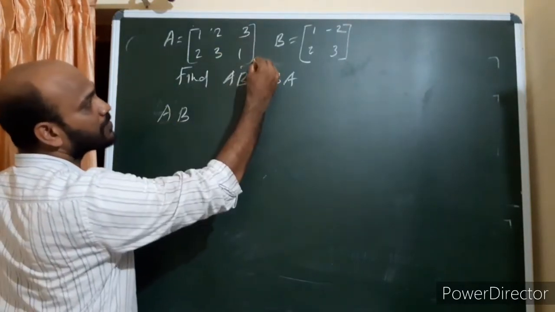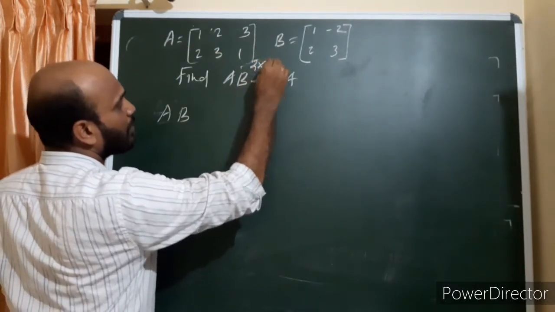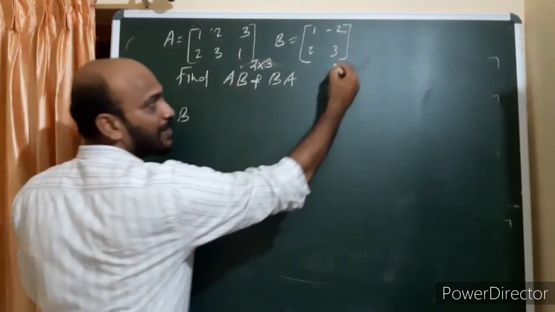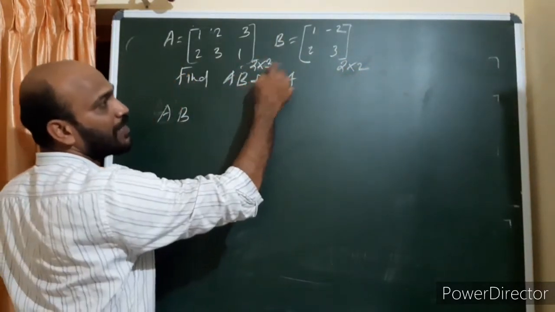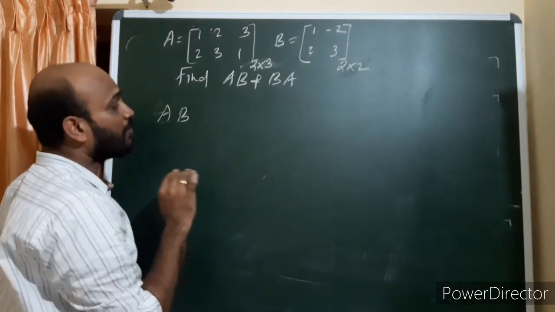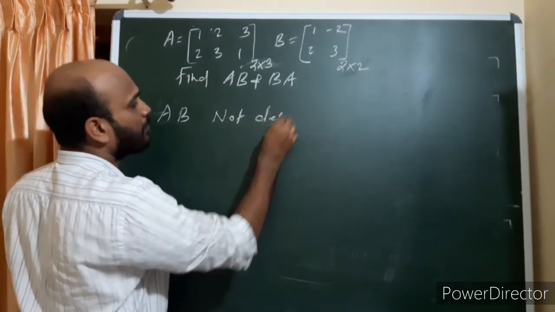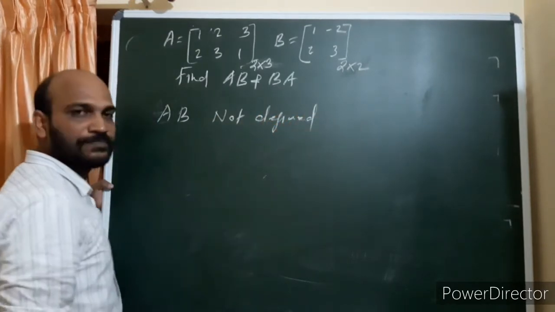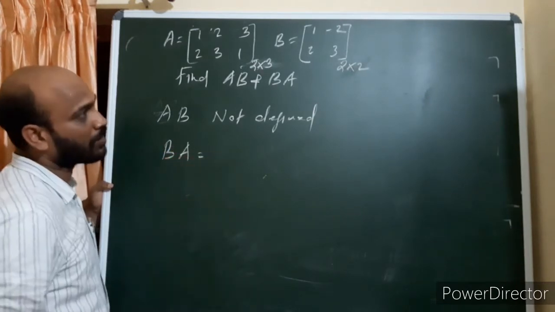The order of the first matrix is 2 rows and 3 columns, 2 by 3, and the order of the second matrix is 2 by 2. So the number of columns of the first matrix is not equal to the number of rows of the second matrix. So we cannot find AB. AB is not defined.